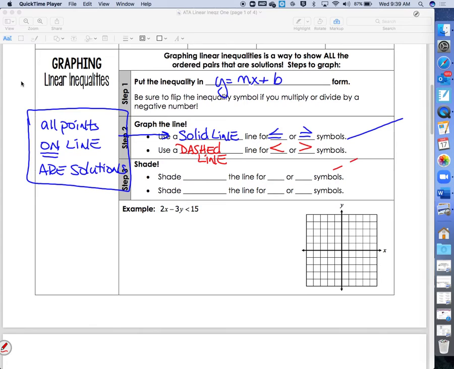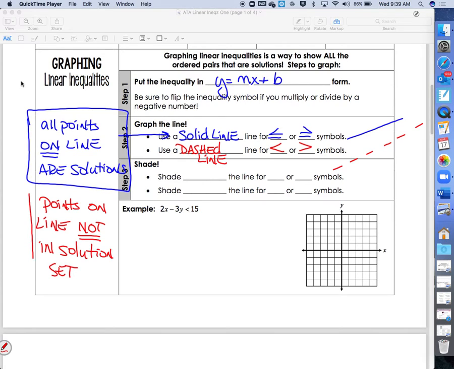So that means that when you go to the plane and graph, you're going to have holes or broken spots in your line. This means that points on that line are not in the solution set. They are not solutions, not in the solution set.